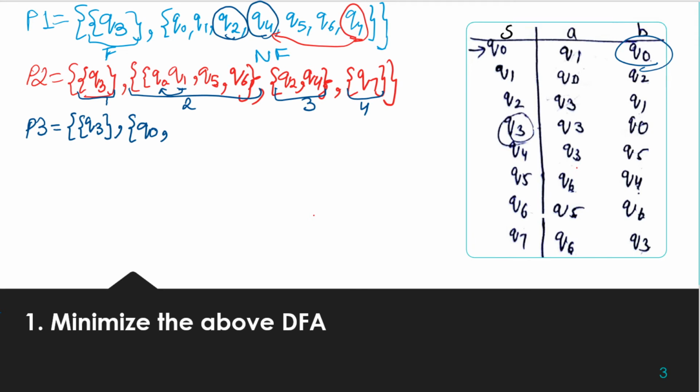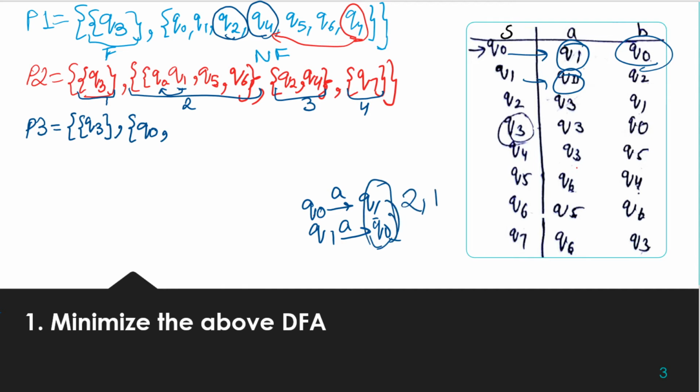From Q0, for input symbol A, we are moving to Q1, and from Q1 we are moving to state Q0. Q1 and Q0 are part of the same group, group 2 of the previous partition, partition 2. So yes, Q0 and Q1 are compatible for input symbol A.